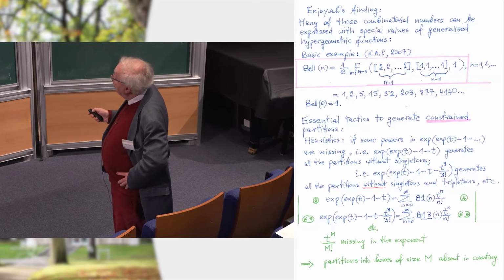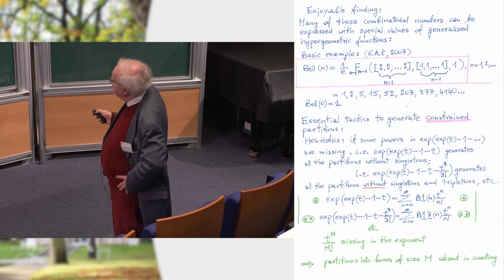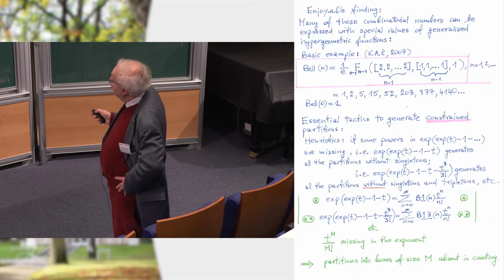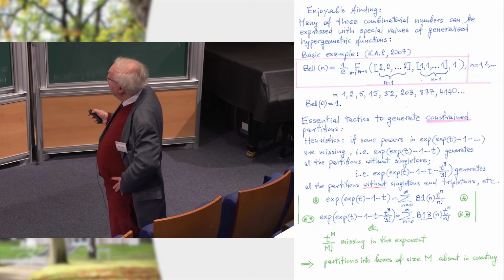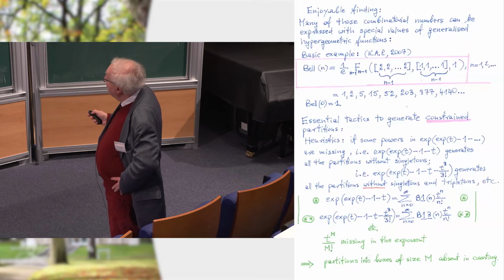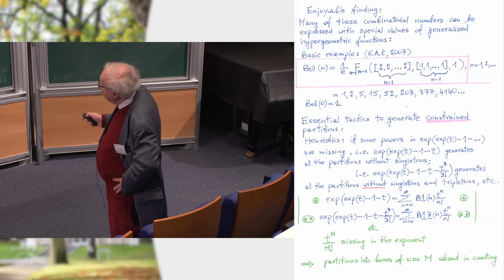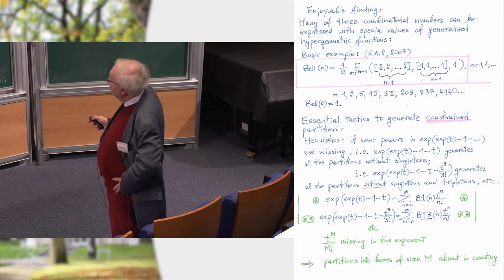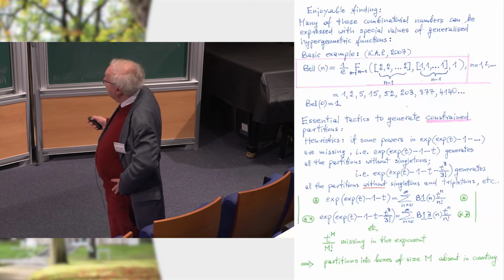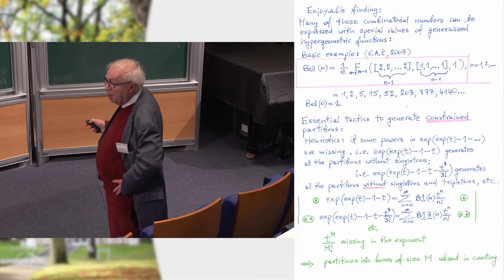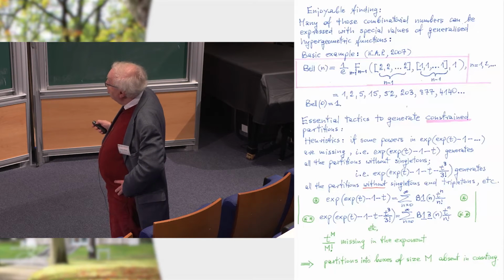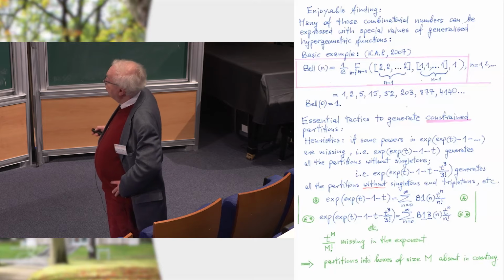If you remove singletons and tripletons, you remove t and t cubed divided by 3 factorial. And these numbers, after having removed terms, I note with a specific underlined number. It means that there is no singleton, and here there are no singletons and no tripletons.